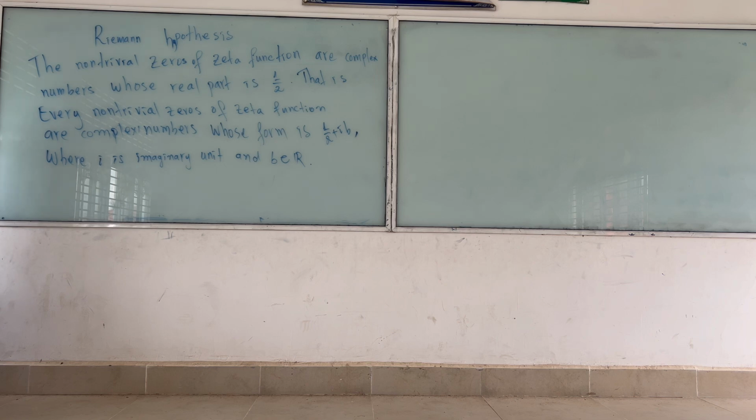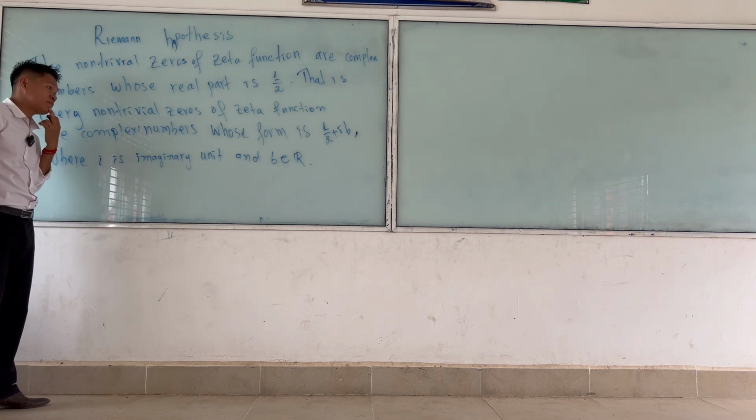How to prove this? Okay, because it is related to zeta function, we have to recall zeta function again, and we have to know what necessary condition for zeta function is satisfied. I mean, we have to understand.